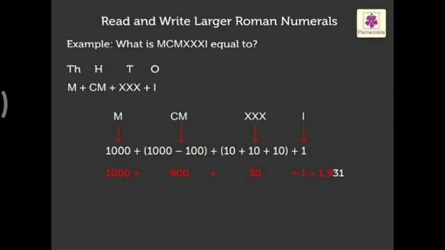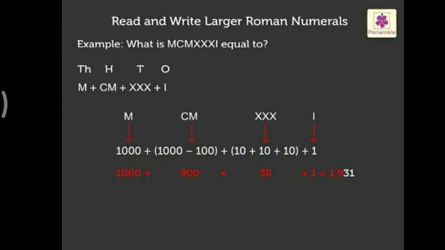Now we separated it, we know the values easily. M equals 1000 and CM equals 1000 minus 100, which is 900. Then XX equals 10 plus 10, which is 20, and I equals 1. Then we can add this easily: 1000 plus 900 plus 20 plus 1 equals 1921.